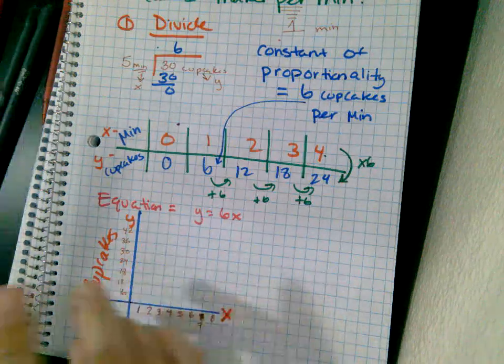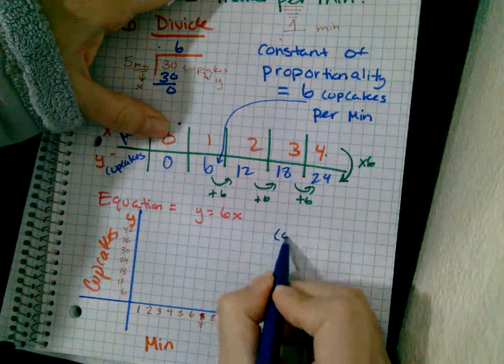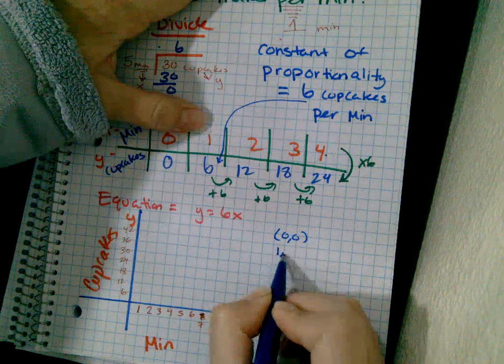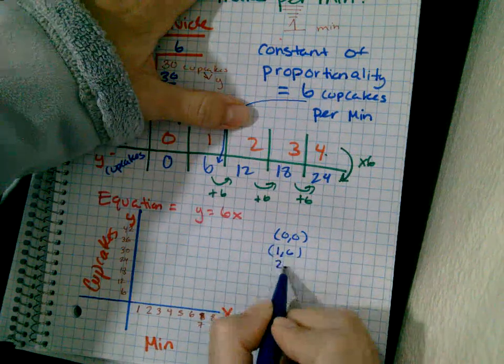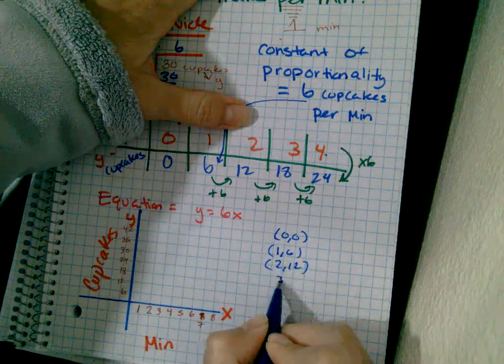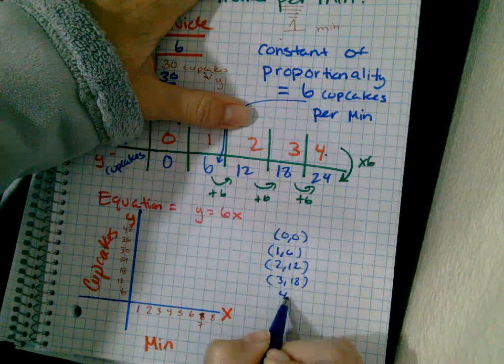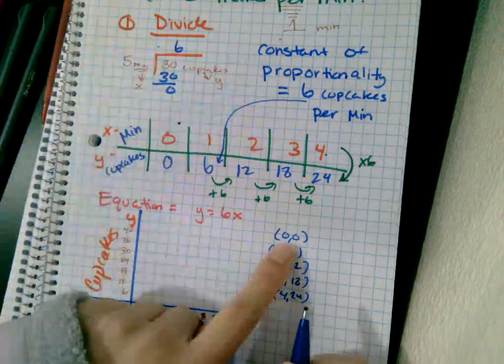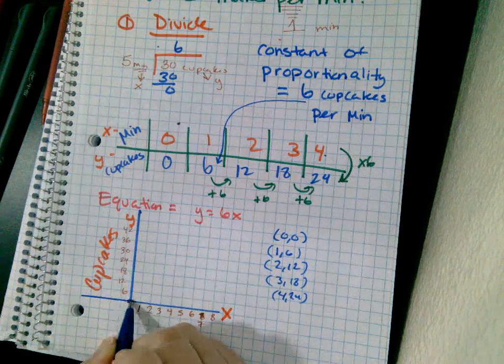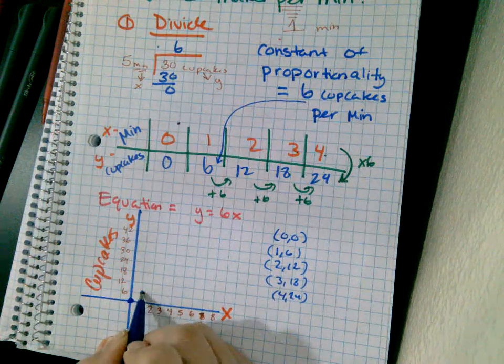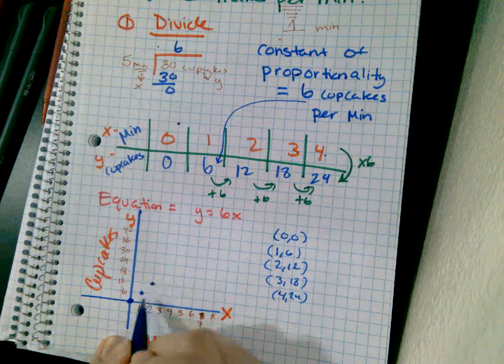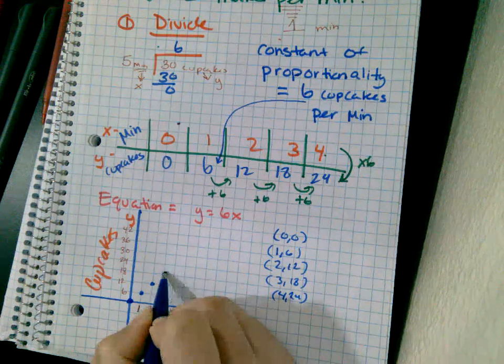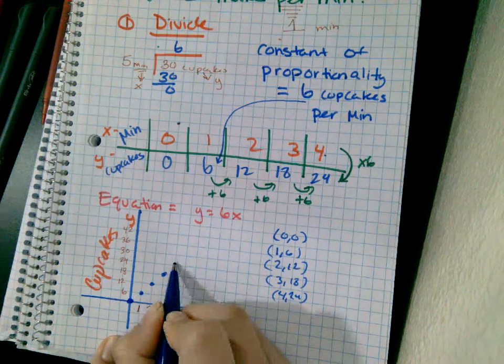All right. So your ordered pairs are 0, 0, 1, 6, 2, 12, 3, 18, 4, 24.